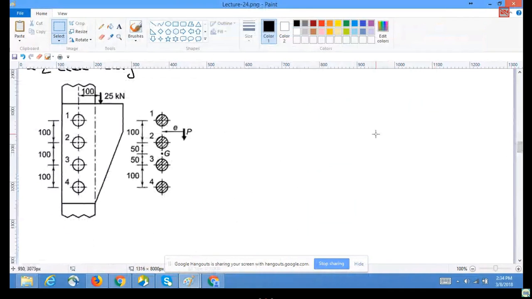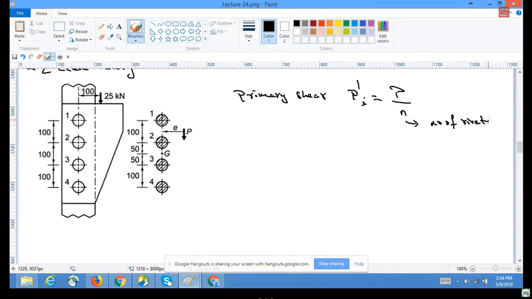This is within the load, within the plane of the rivets, and hence you have two types of shear. One is primary shear, which is Pi dash is equal to P divided by the number of rivets, and the other is secondary shear.